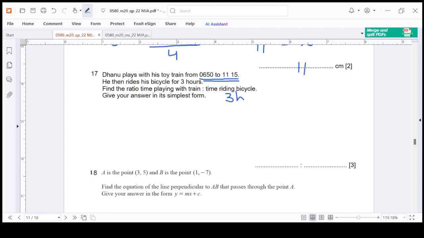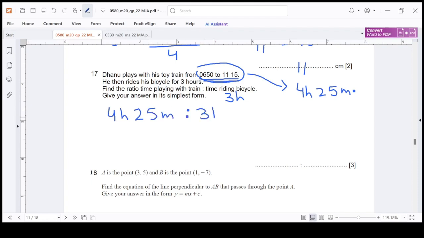Okay, so how many minutes or hours are between 6:50 to 11:15? That is going to be, if you calculate it, 4 hours and 25 minutes. So we need to form a ratio of 4 hours 25 minutes to 3 hours.